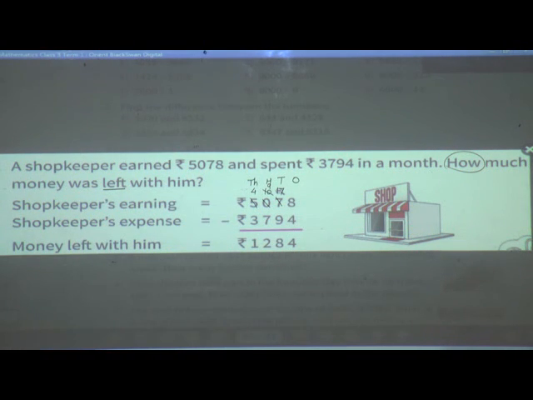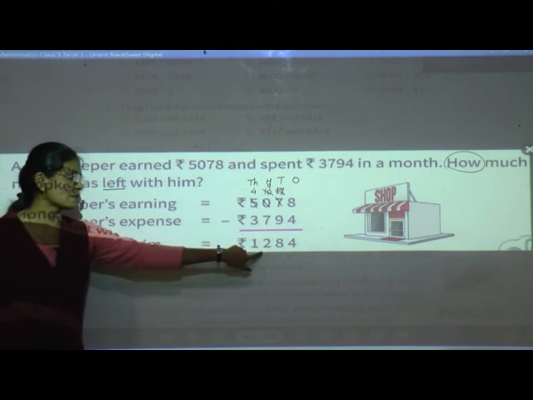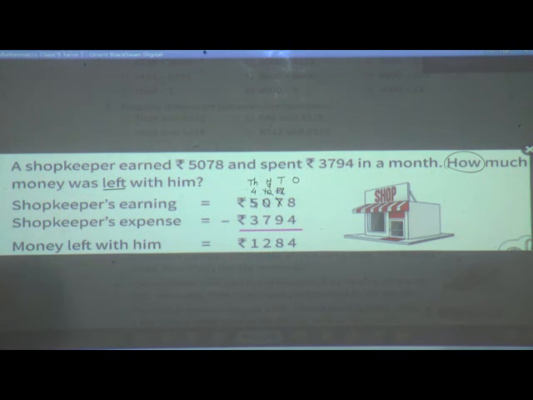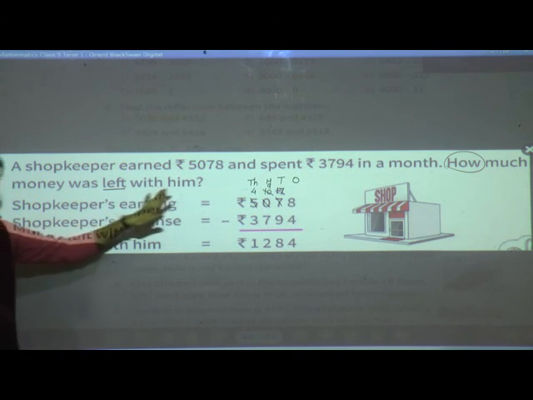What will be the answer then? Money left with him is equal to what? What is the amount? Rupees 1284. So in the sentence how will you write the answer? Rupees 1284 money was left with him.